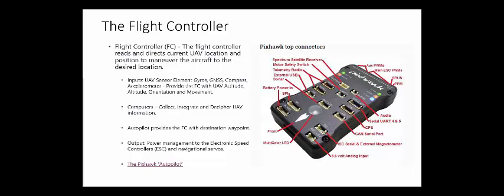It takes information from the sensors we've already discussed, makes some decisions about where the aircraft needs to go with the help of the autopilot, and then provides power management in the output via electronic speed controllers and other navigational servos to steer the aircraft to its next destination.